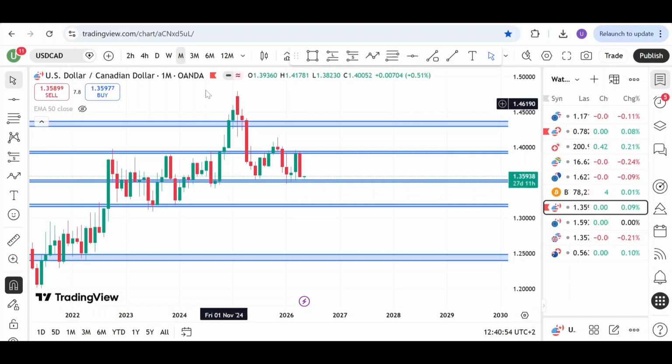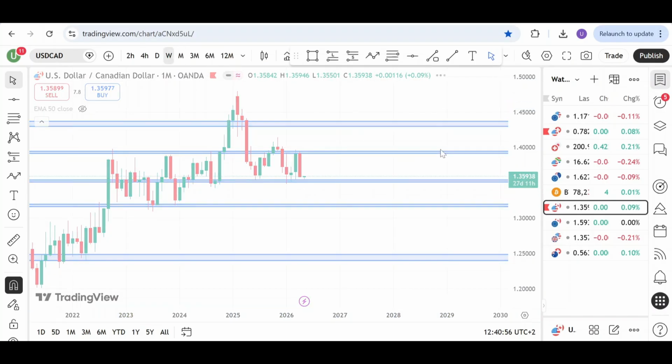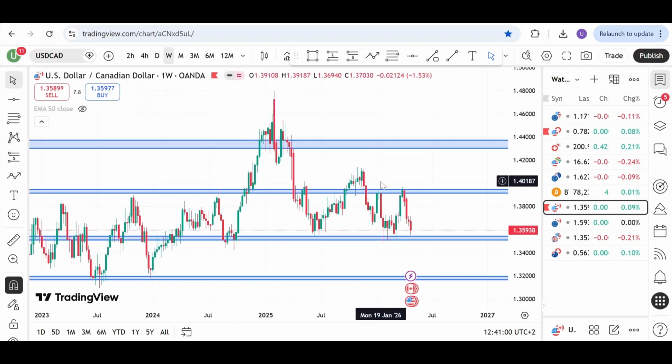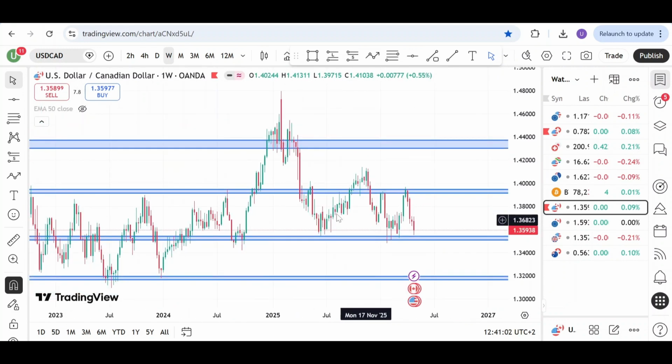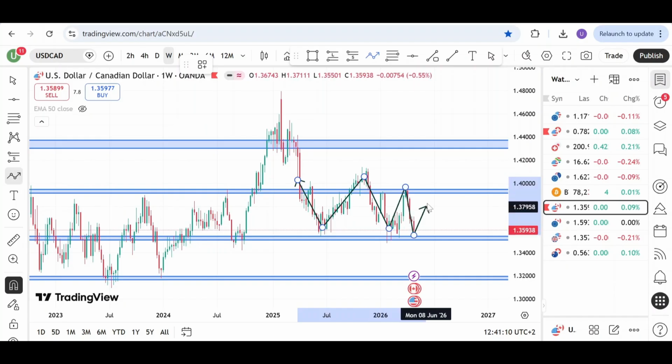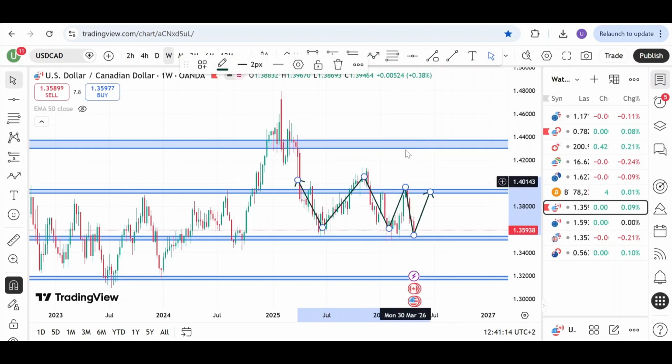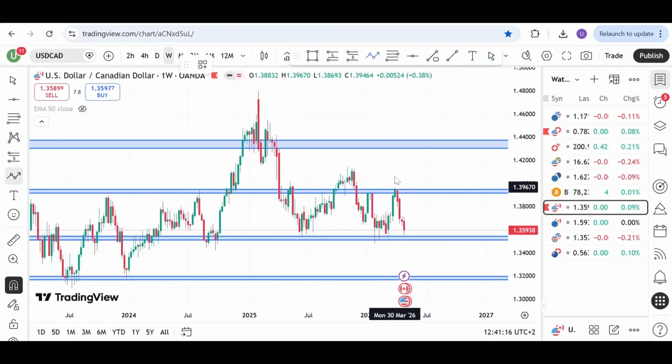Okay, let's go to the weekly time frame to see what's going on. Okay, now this is what I have been saying. Whenever I am seeing this level, we are seeing that we are in a range. We can expect it to be like this, or we can expect the sellers to break this structure and retest here.